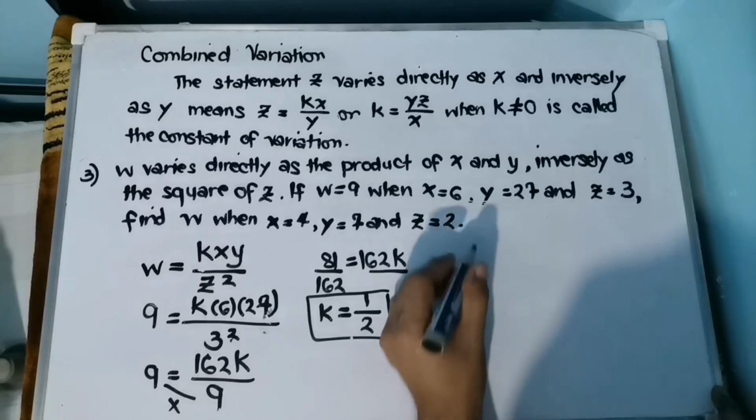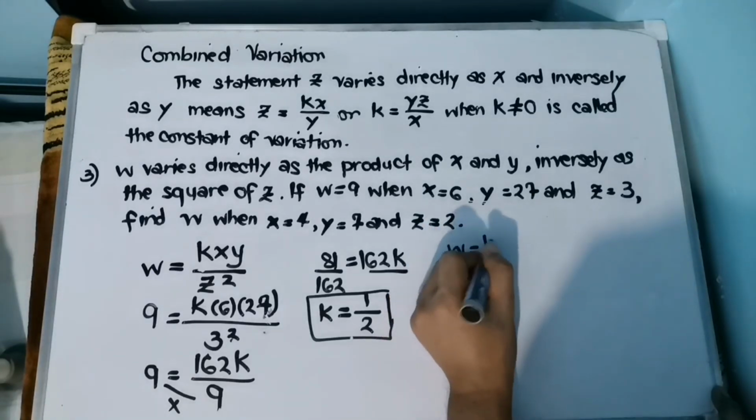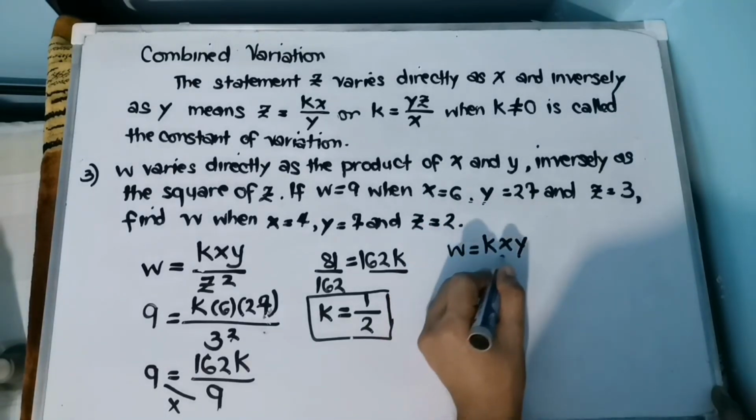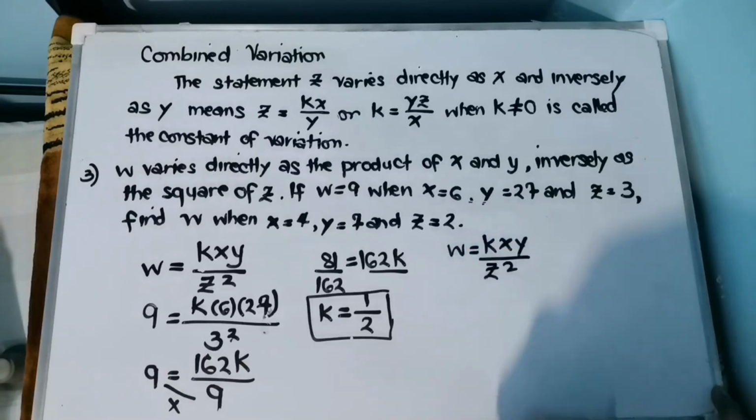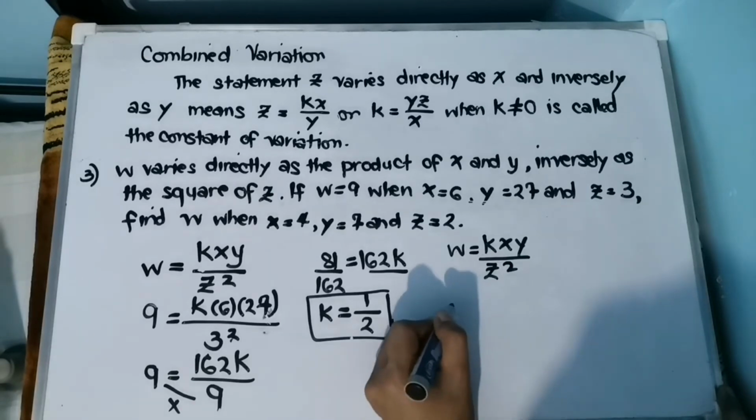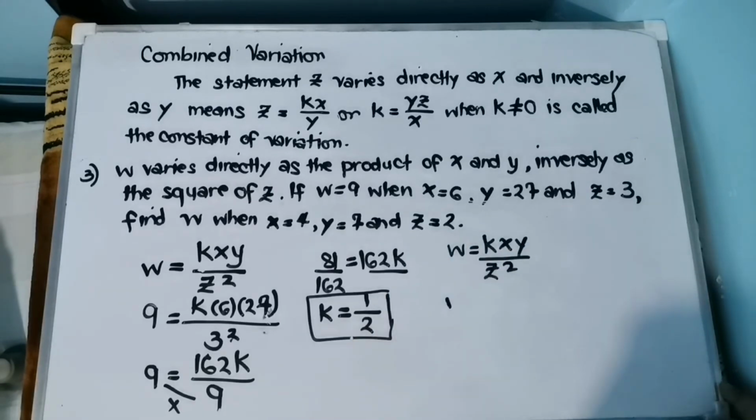Okay, so our formula is W equals K XY over Z squared. And then, we're looking for W, so hindi natin siya isusulat.